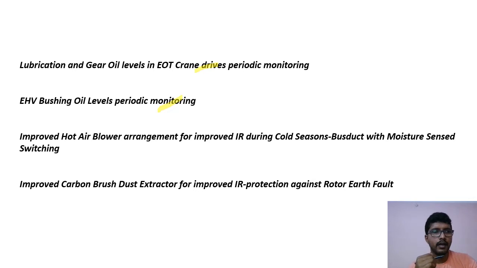And another point is the improved carbon brush dust extractor for insulation resistance improvement. If you extract the carbon dust in a proper manner, the rotor earth fault won't develop. So it is an essential part. In some power projects, I have seen that carbon dust is not extracted properly.